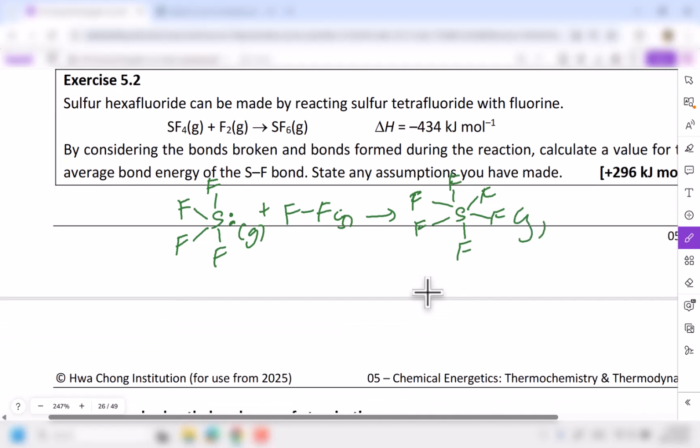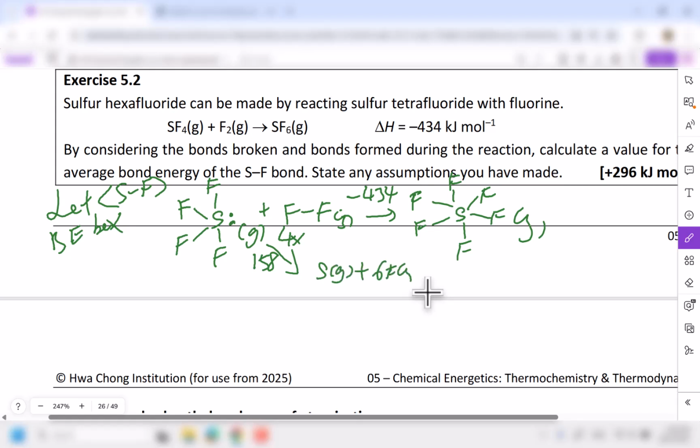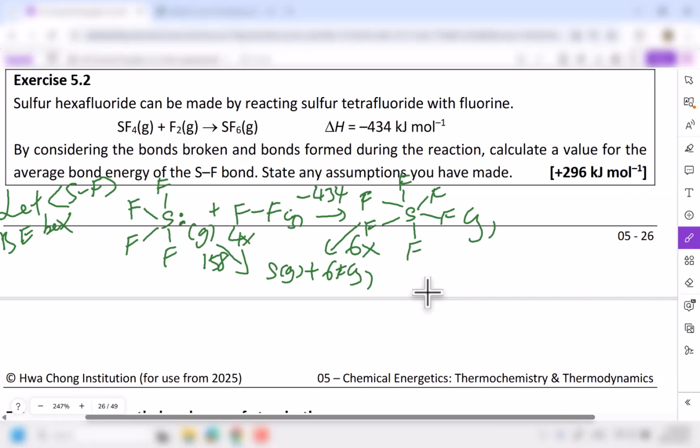So this is given to be negative 434 kilojoules per mole. If I try to break all the bonds here, if I let the average SF bond be x, so this will be 4x. Then I'll flip over my data booklet. FF bond energy is 158. So with that, I'm going to get sulfur gas plus 6F gas. And then in this direction, it will be 6x. Right, so now we can solve it.